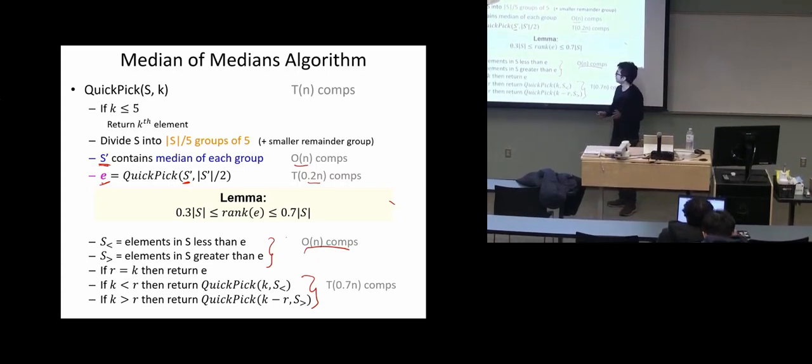But because of the rank of E, you know that both of the sides here can have size at most 0.7n.